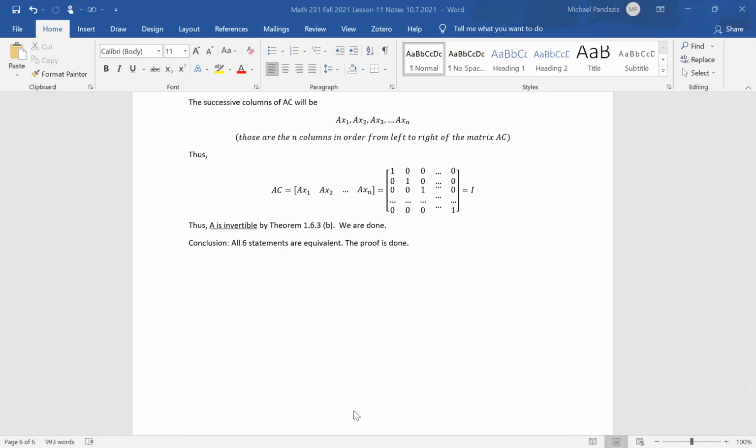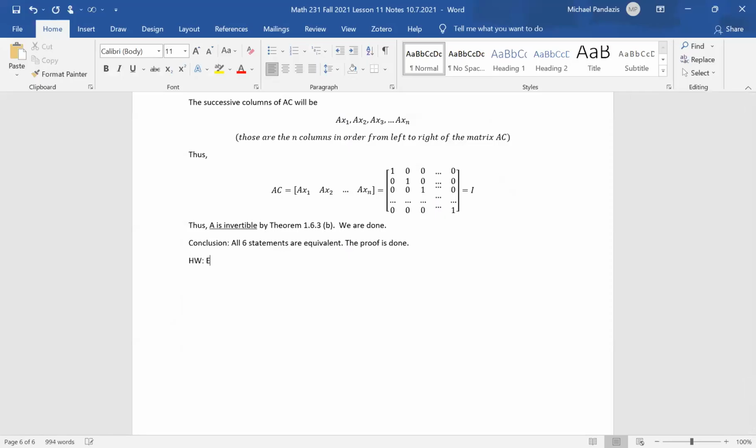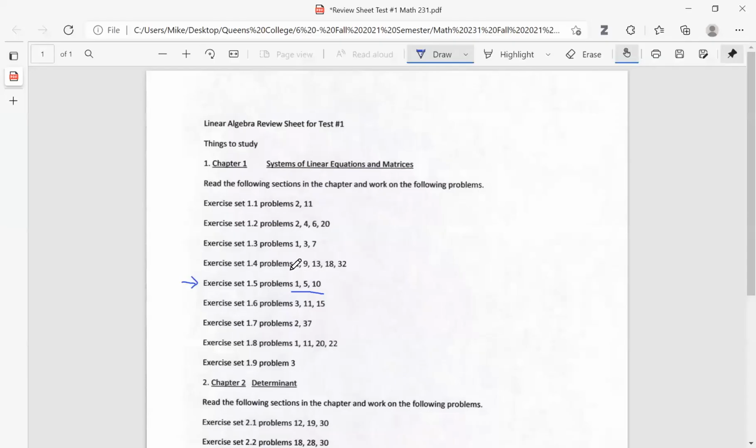For the homework, it's exercise set 1.5, numbers 1, 5, and 10.